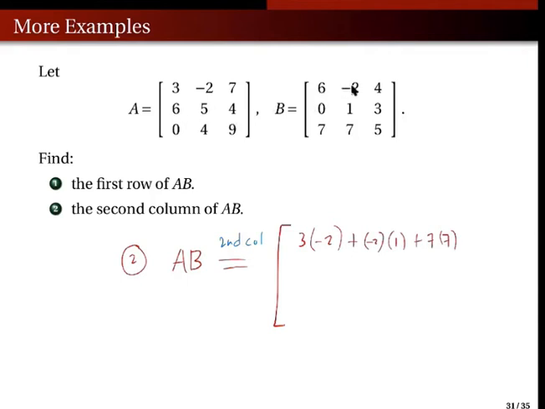Second row, second column. So you have 6 times negative 2, plus 5 times 1, plus 4 times 7. Then lastly, third row times second column. So 0 times negative 2, plus 4 times 1, plus 9 times 7.